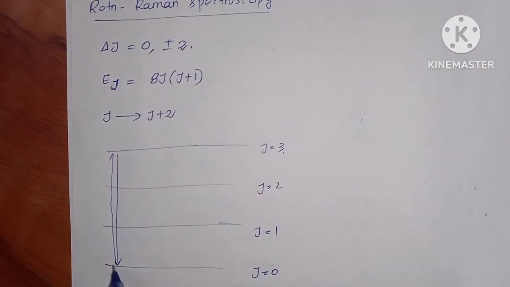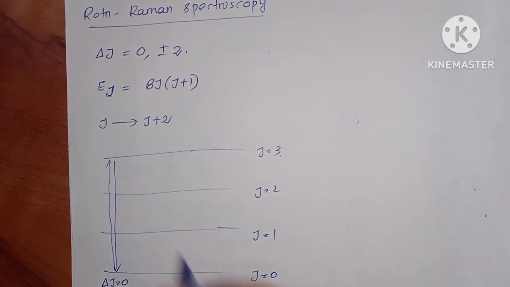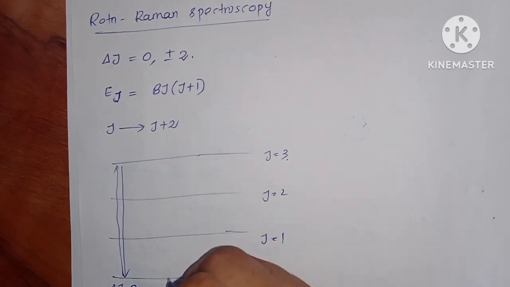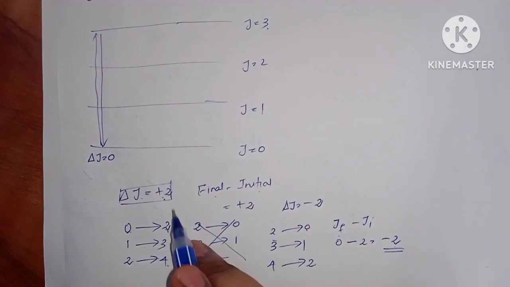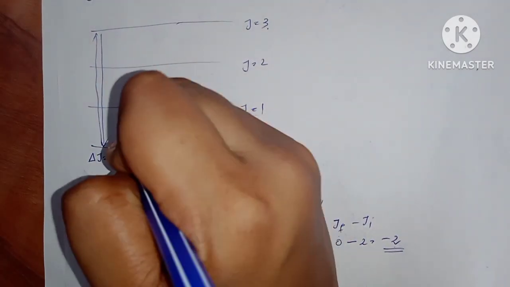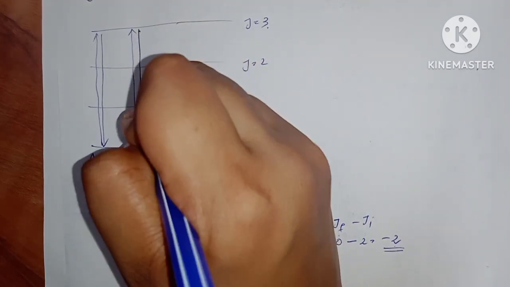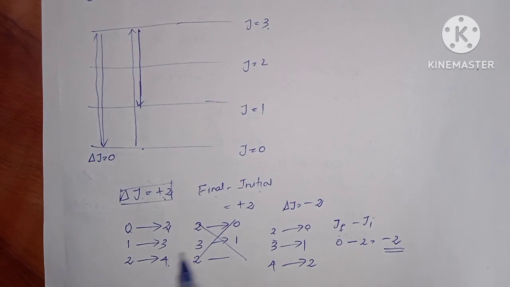Rayleigh scattering causes delta J equal to 0. And delta J equal to plus 2 means 0 to 2, 1 to 3, 2 to 4.